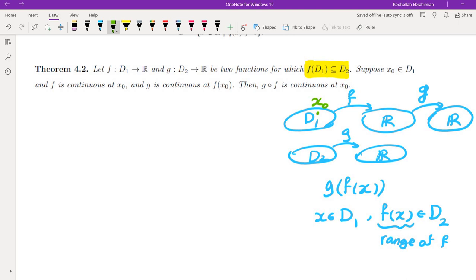And we know that f is continuous at x naught, and g is continuous at f of x naught. Then the composition g o f is continuous at x naught.